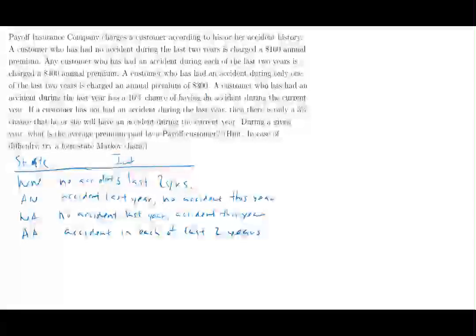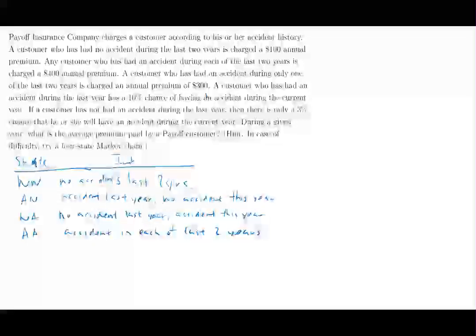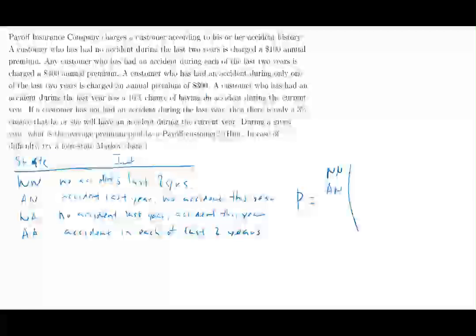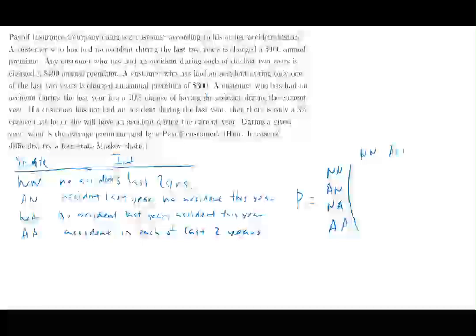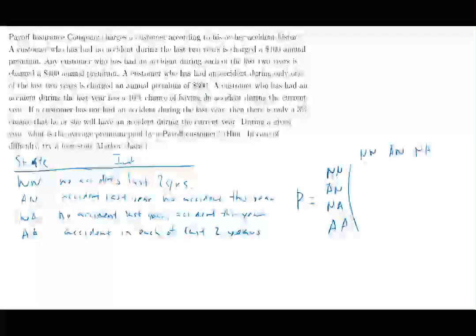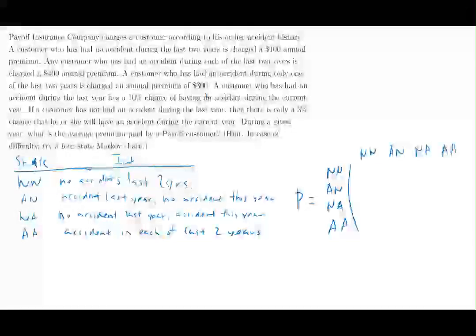So you'll always be transitioning from one of these 4 states. Okay, so if I were to set up the transition matrix here using these 4 states, I'll kind of label it over here, NN, NA, AN and AA.